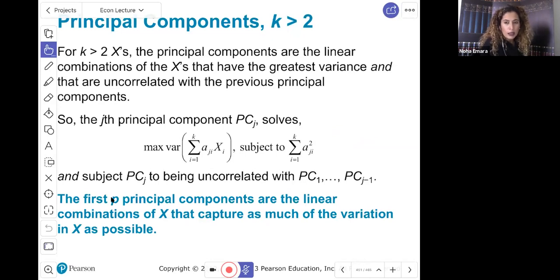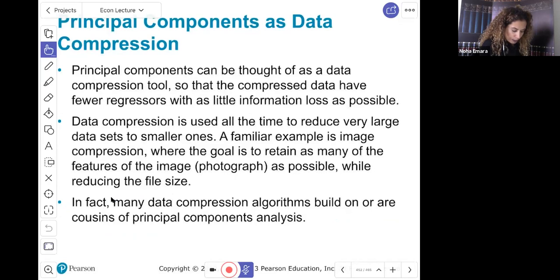Then I can write their maximization problem in this way. So I want to create a principal component of this linear combination that absorbs all these variations in the x's as much as possible.